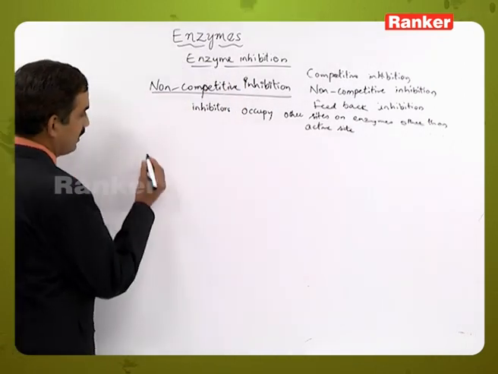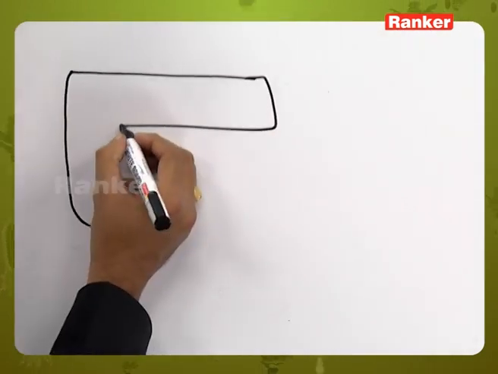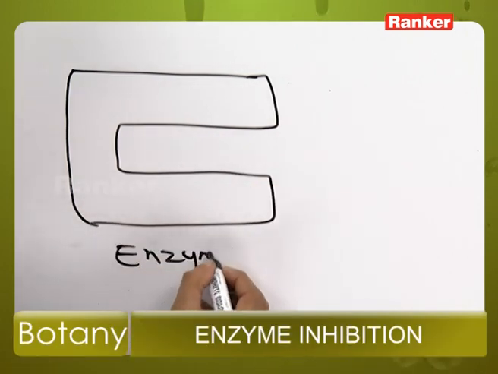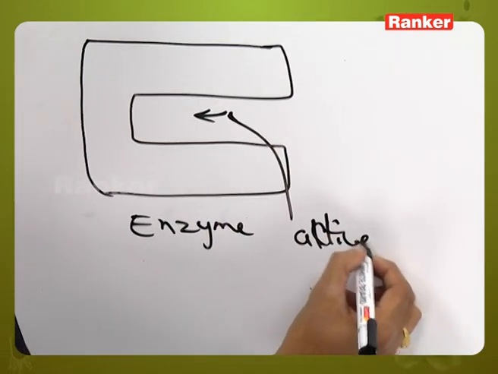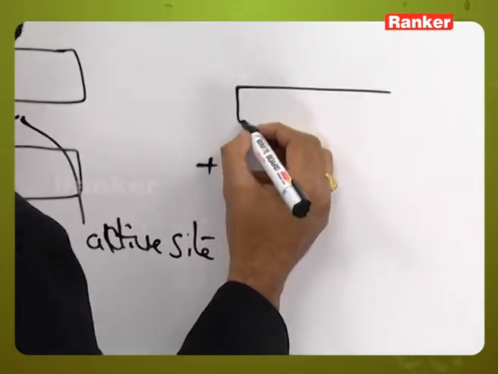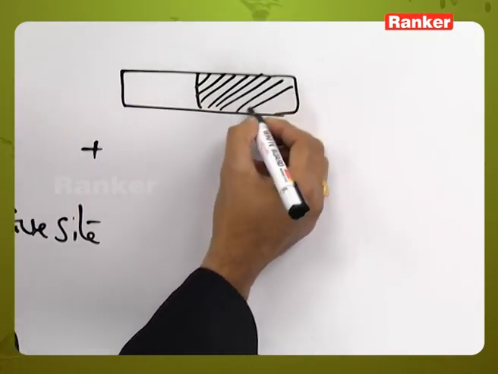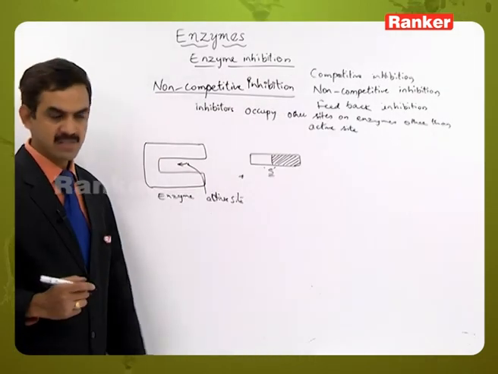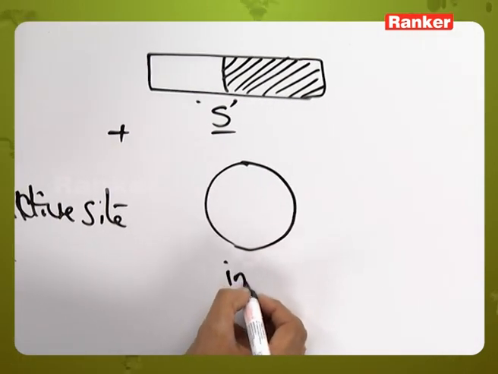So let us take here, this is an enzyme molecule, this is the active site, and this is the actual substrate molecule, where the structure of the substrate is exactly similar to that of the active site, and at the same time the non-competitive inhibitor.